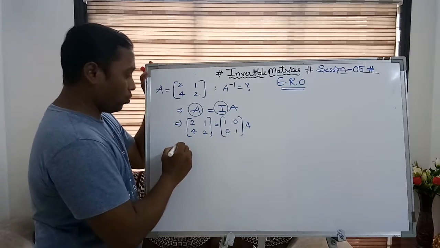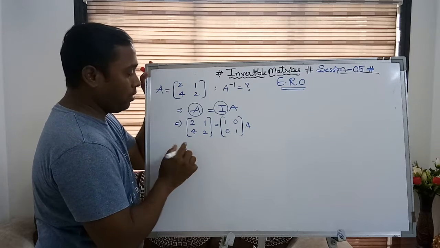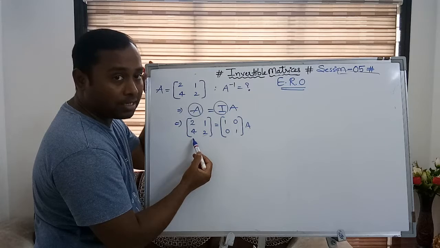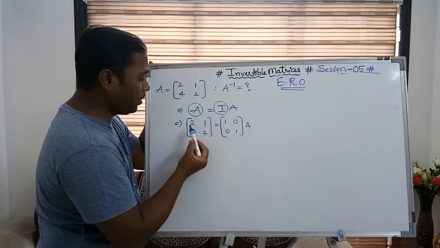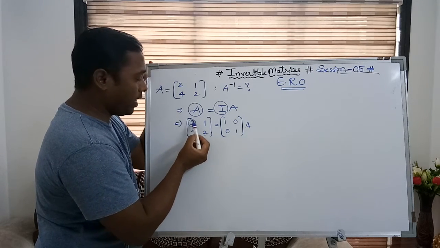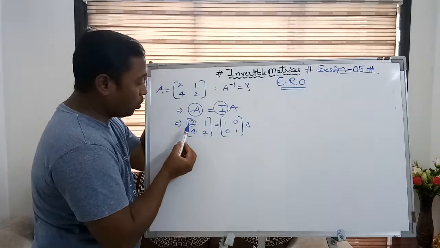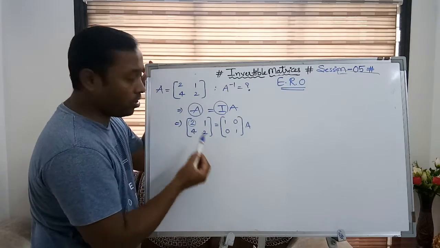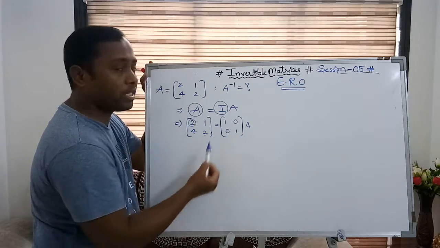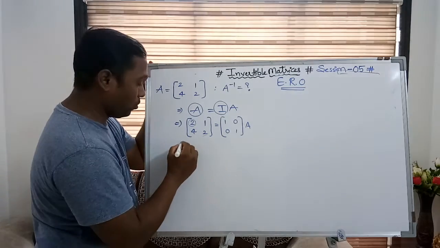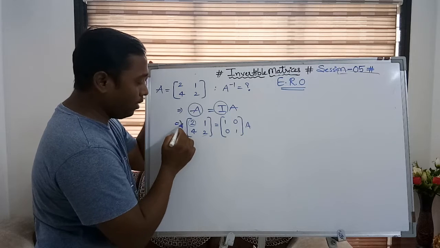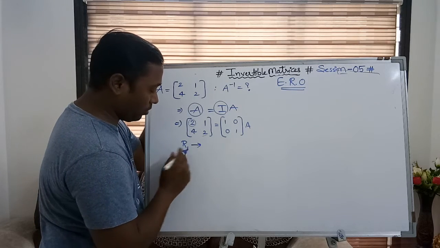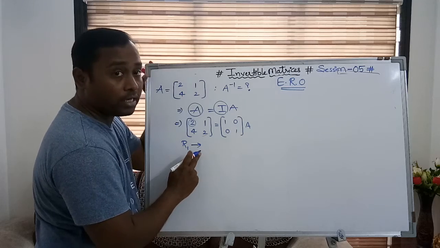Like this. So now what am I looking for? I want to make this matrix A the identity matrix, and for that, first I require 1 over here. So to get 1, I have to divide the entire row by 2. Whatever the quantity is there, we have to divide by that same quantity. So I am going to change the R1 element, that's why I am writing the R1 operation. Always write it like this.